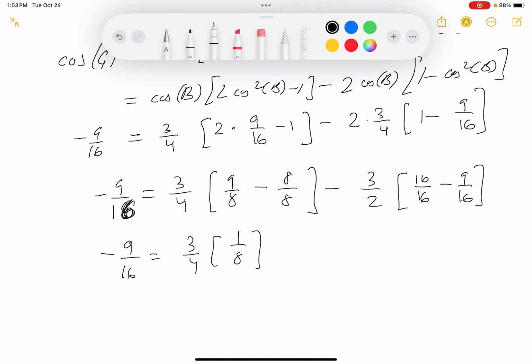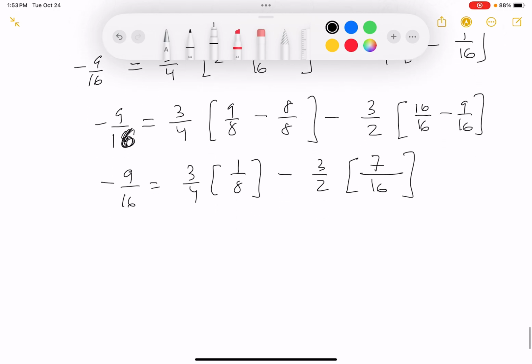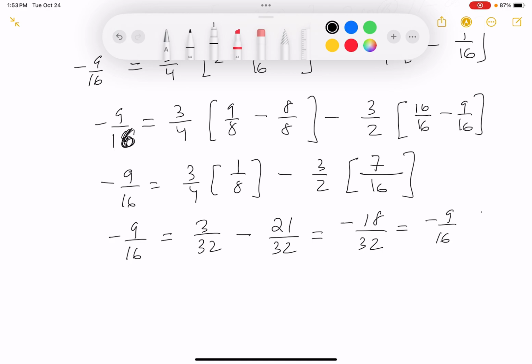That's going to give me 1/8. We'll do that later, by the way. Minus 3/2. This will be 16. And 16 minus 9 is 7. All right, let's keep going. Minus 9/16 equals 3/32. And it's going to be minus 21/32. Well, 3 minus 21 is going to be minus 18, right? 30. And that's going to be minus 9/16. We showed what we need to show. We're done. Thank you.